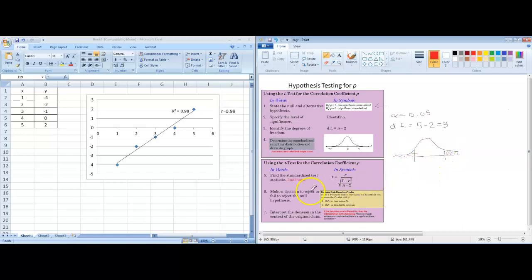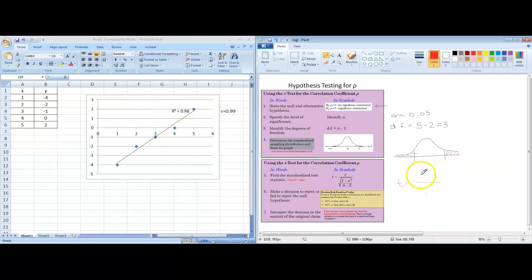That's it. Step number 5, you're going to find the test statistic. What is the test statistic? A number that I'm going to use to label my marks here. We're going to find it using this formula: T equals R over the square root of 1 minus R squared over n minus 2. So I need my R. Where did I get the R? Remember when we did this in a previous video, we found R in Excel.